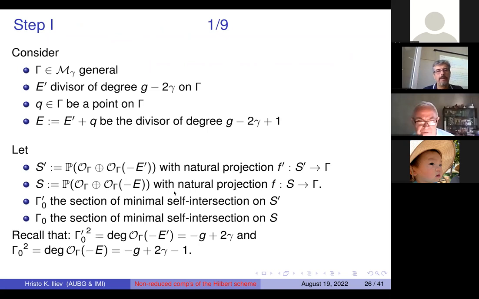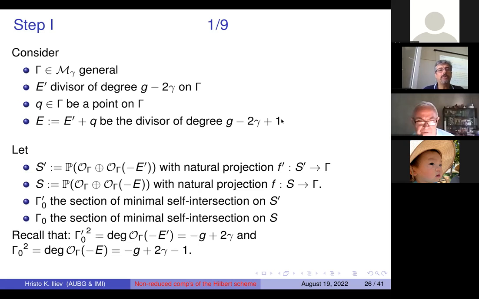What we get to consider is a general curve of genus gamma. Then I consider a divisor of degree g minus 2 gamma on the curve. I take a point on the curve, and I also denote the divisor that is the sum of E prime and Q by E. So notice that this is a divisor of degree g minus 2 gamma plus 1.